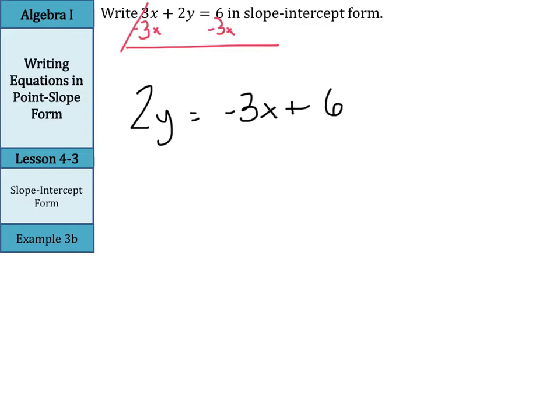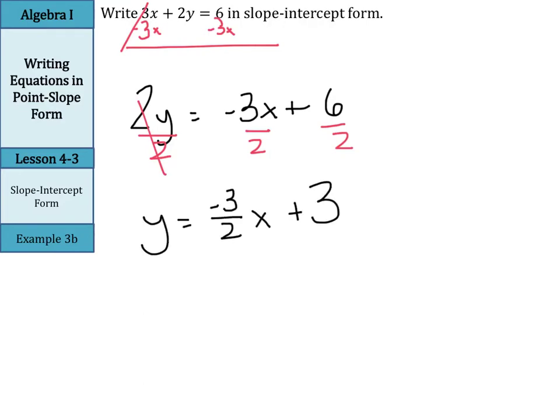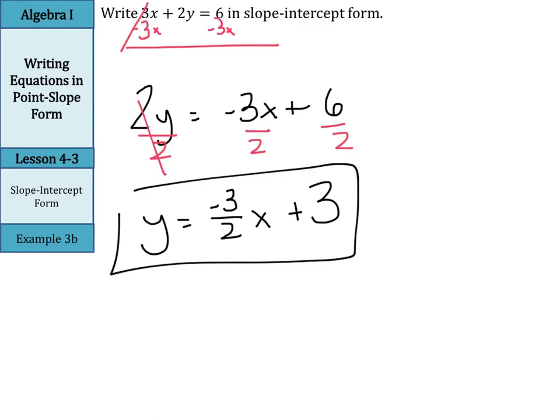It's not alone yet, so we need to divide by 2, but we're going to divide everything by 2. So y is going to equal negative 3 halves x plus 3. Key here, make sure when you divide by 2 that you divide everything by 2.